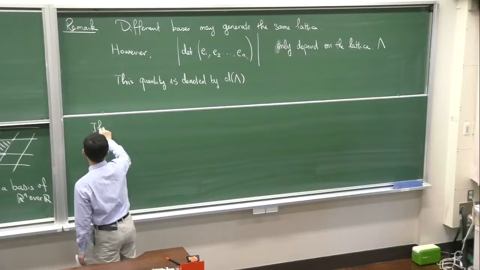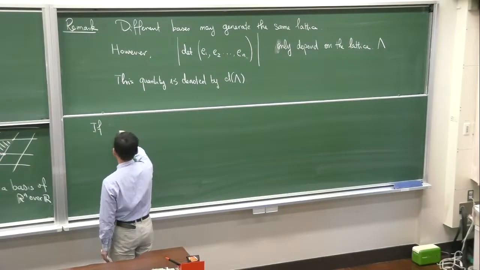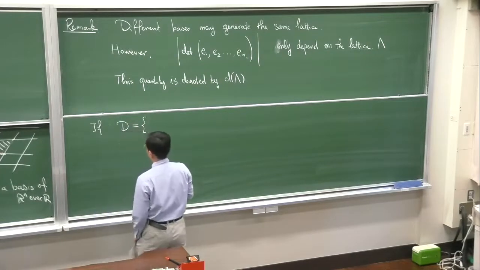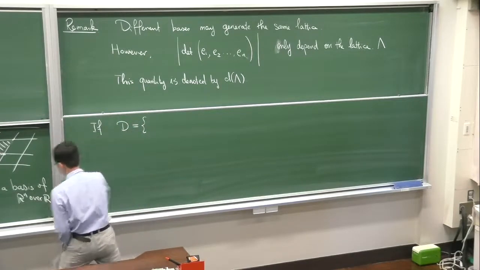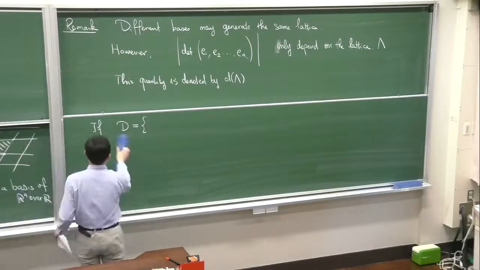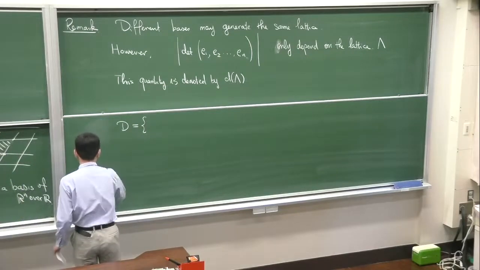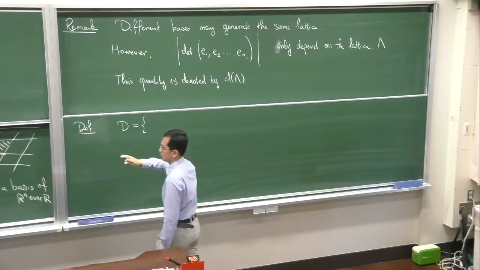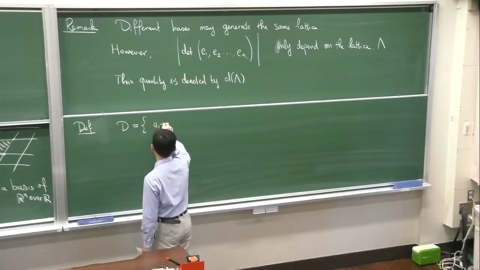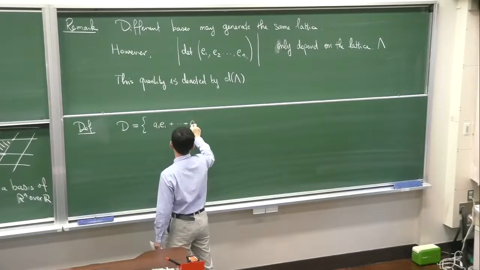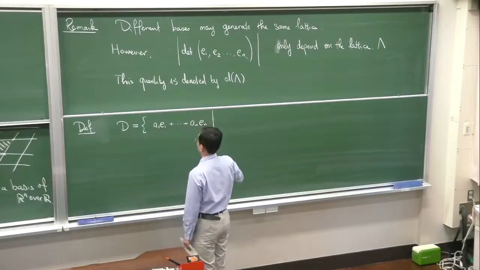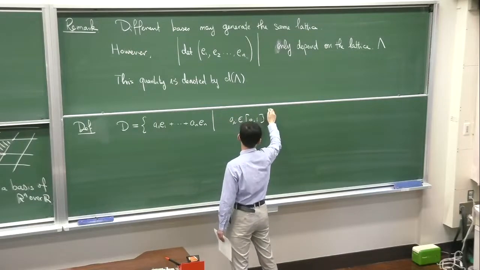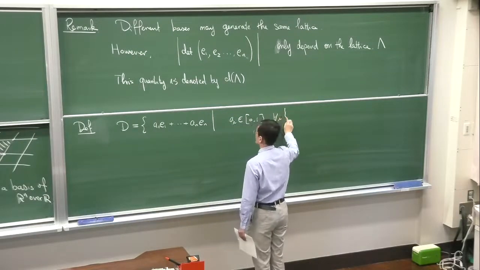By definition, let D be the set of a1 e1 + ... + an en with a_i in [0, 1) for any i.